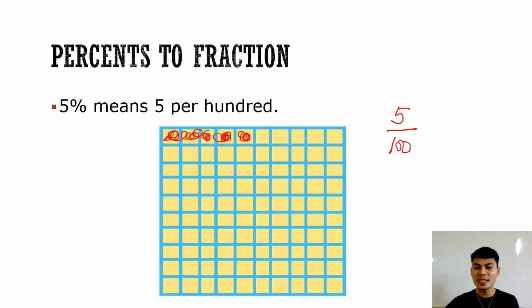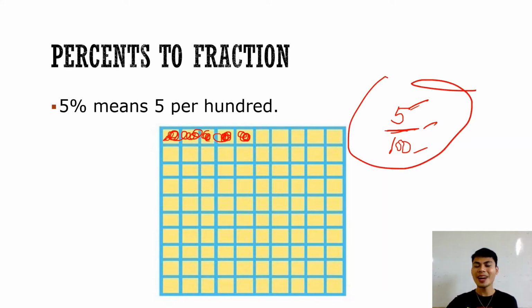The line here can be read as per. If it's division, we read it as 5 divided by 100. For fraction, 5 over 100. For ratio, 5 to 100. Ganyan lang pala ang pag-write ng fraction.